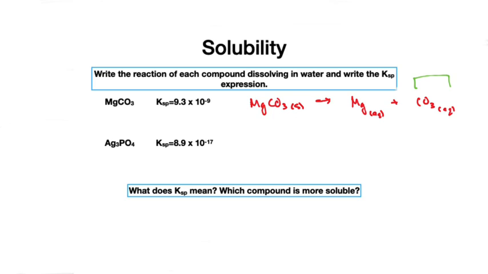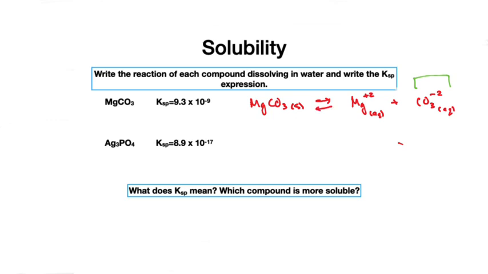Recognizing them as a complex ion versus knowing their charge is a little bit different. If you don't have those complex ions memorized, you should put them in your cheat sheet, so that when you see CO3, you know that's a -2. And magnesium would be a +2.